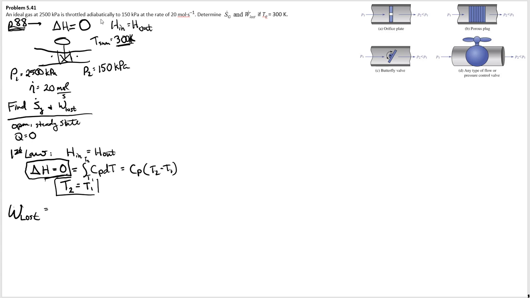The lost work is equal to the actual work minus ideal work. That's not going to be much help for us. The equations that are going to be helpful for us will be, for example, equation 529 or equations 530 to 533.